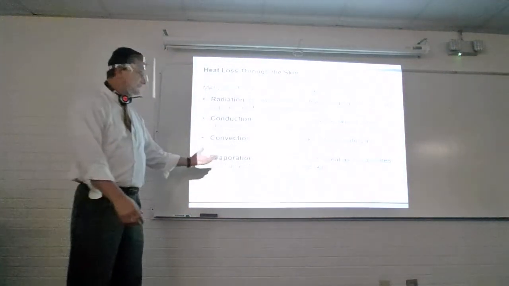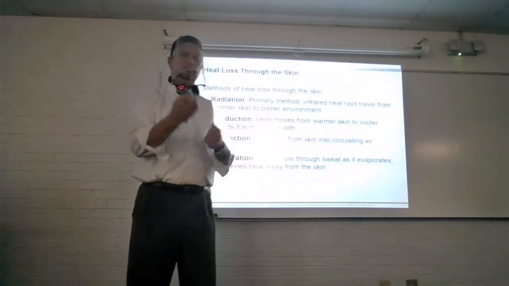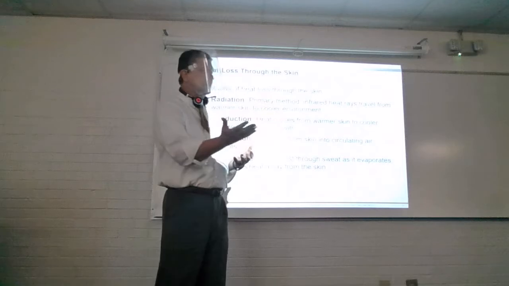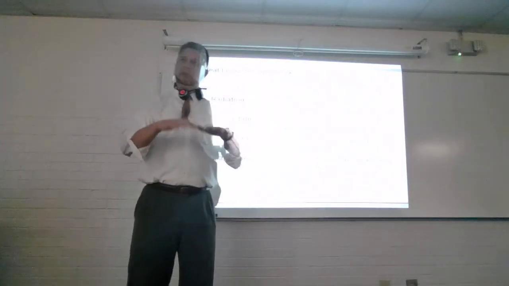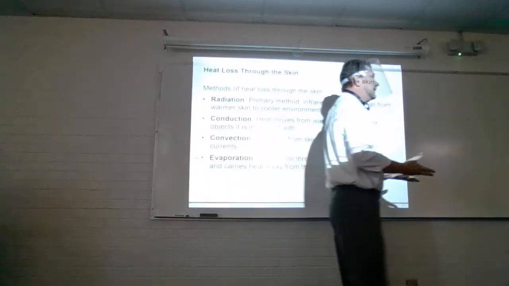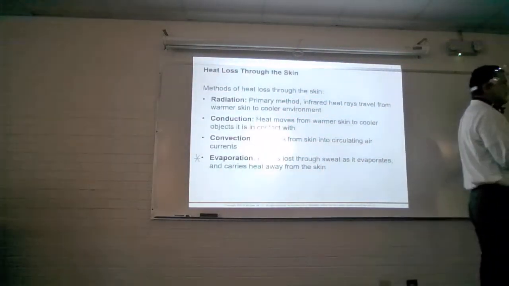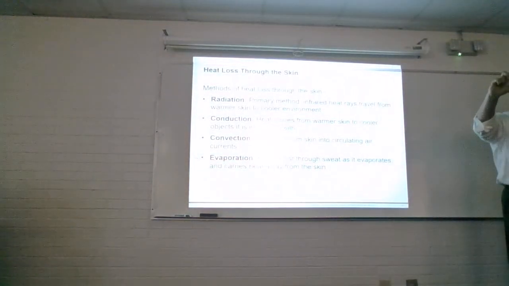So evaporation, anytime something changes phases, and in evaporation we're going from a liquid to a gas, it requires energy. And so our body, if I am hot, is going to take all of my blood or a percentage of my blood and put it into that papillary region of the skin.